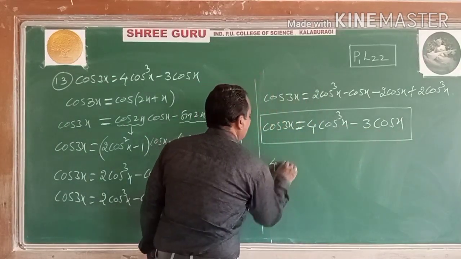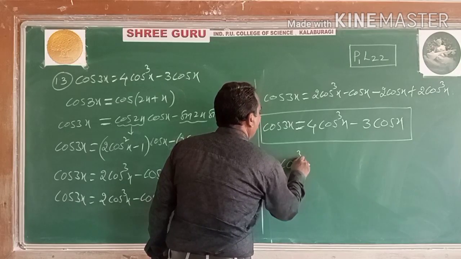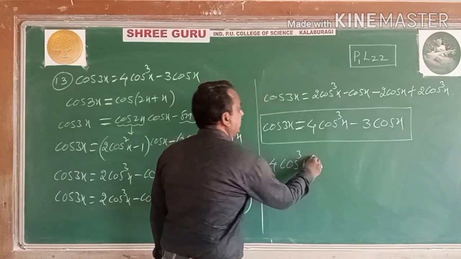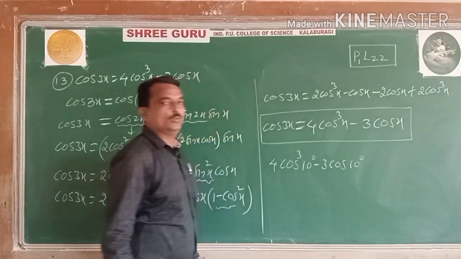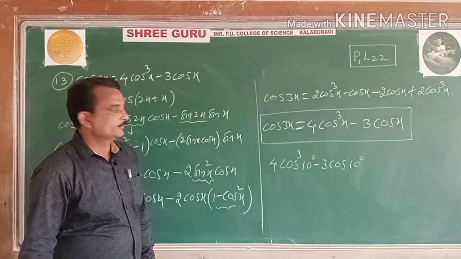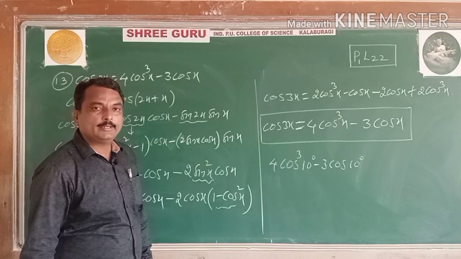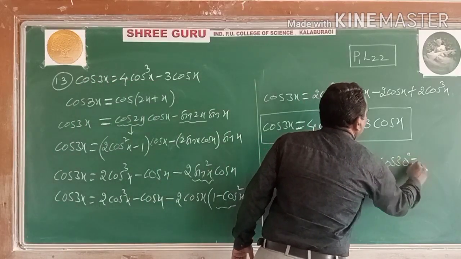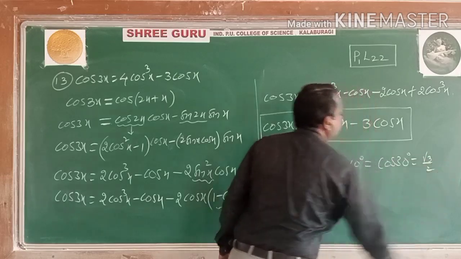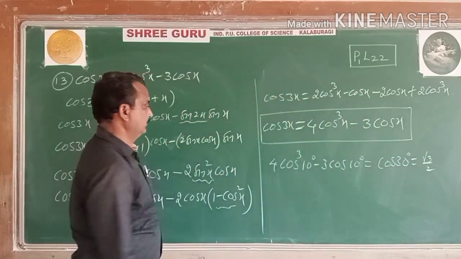Now let us write it down, students. Tell me what is the value of 4 cos cube 10 degree minus 3 cos 10 degree? Is it equal to cos of 30 degree, which is root 3 by 2? Yes.